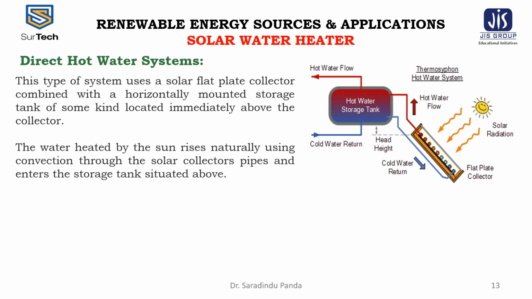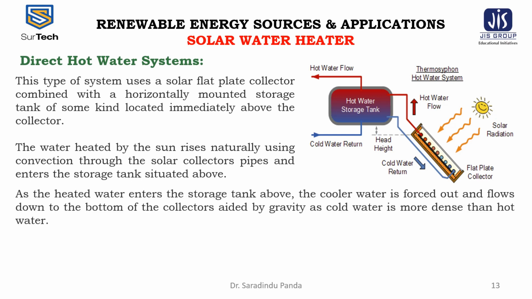The water heated by the sun rises naturally using convection through the solar collector's pipes and enters the storage tank situated above. As the heated water enters the storage tank above, the cooler water is forced out and flows down to the bottom of the collectors, aided by gravity, as cold water is more dense than hot water.